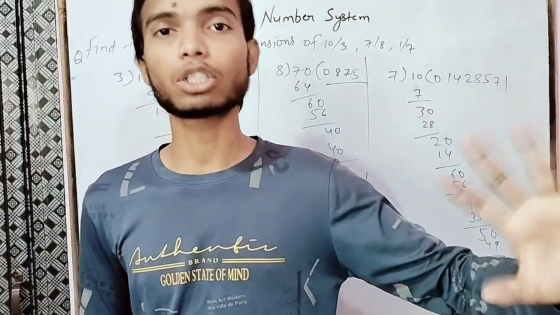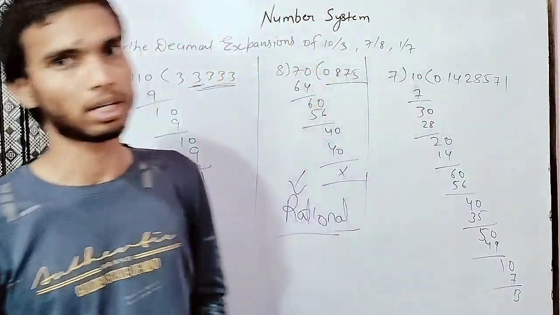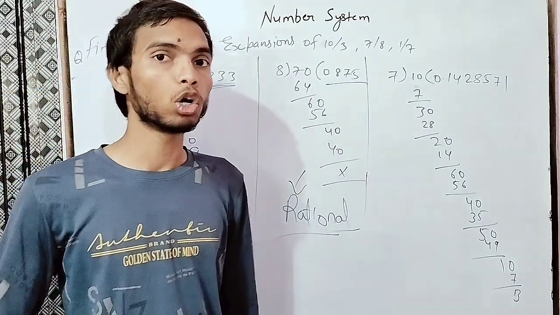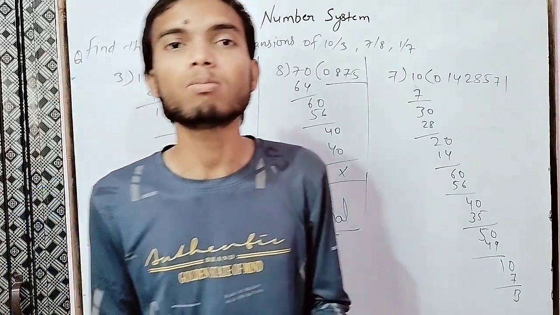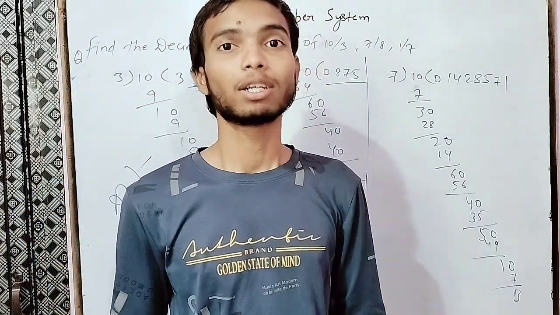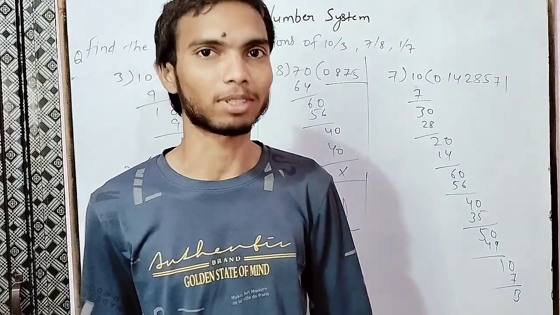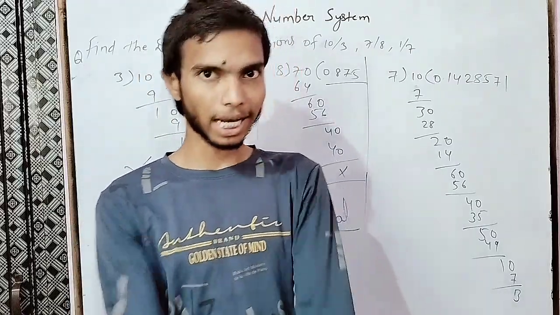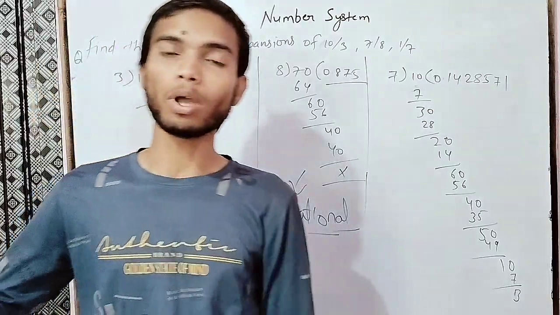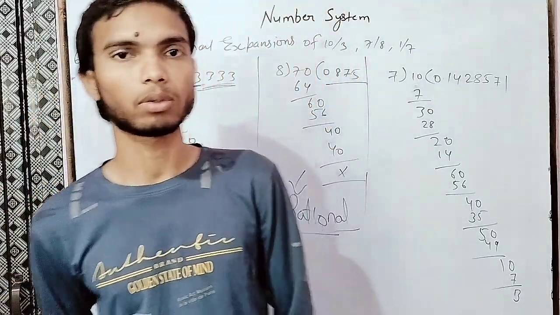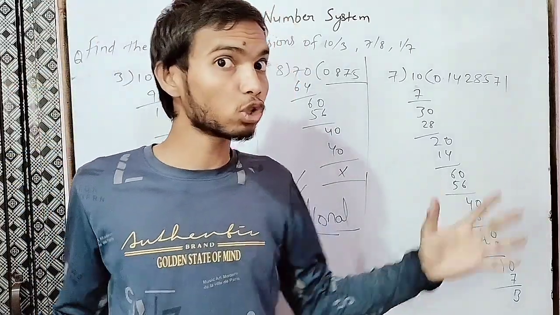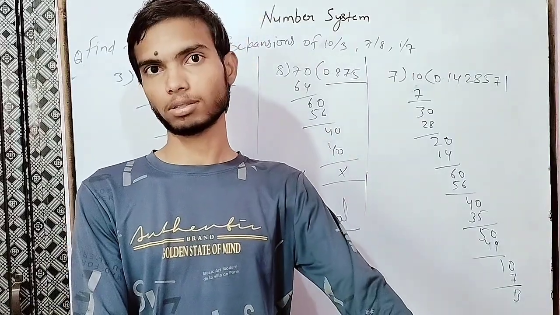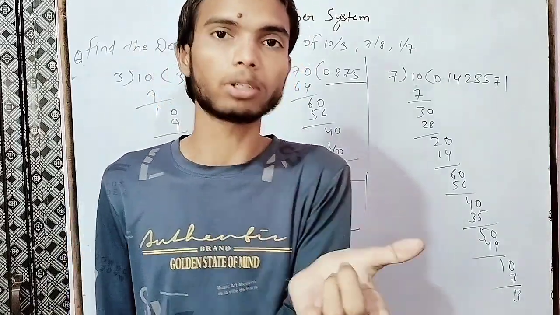Then that number will be considered irrational. So from here we are observing that some numbers would be irrational when there is no repeating after the decimal.